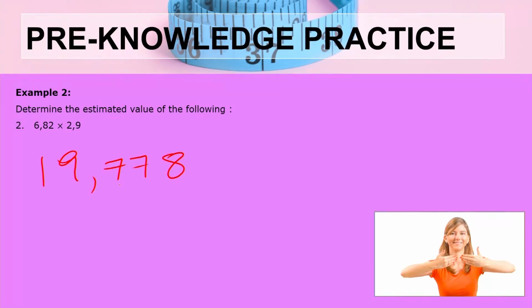Because the 7 after the comma, the first value after the decimal, is greater than 4, from 5 upwards we adjust upwards. By adjusting upwards, when we do the rough estimation, we add 1 to this whole number. Therefore, our whole number is going to be approximately 20. This is the rough work.